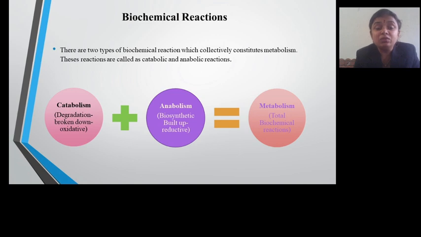Catabolism includes all the degradative reactions in which a complex biomolecule is broken down into simpler ones. Catabolic reactions are oxidative reactions. Catabolic reactions lead to the breaking of bonds between the higher molecules, and the breaking of bonds leads to the generation of energy.